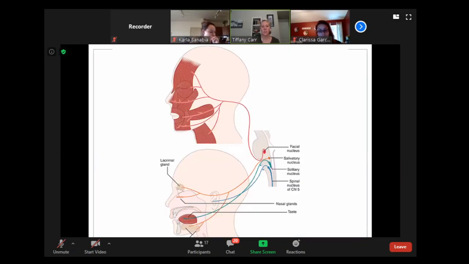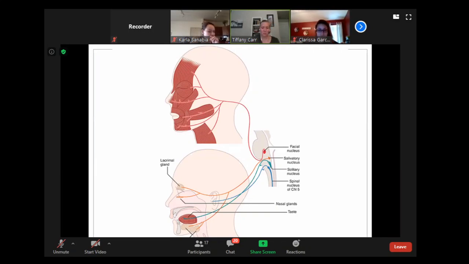So these are all the muscles that the motor is going to innervate. We got a whole bunch of those. We have the salivatory nuclei. It's going to go to the lacrimal gland and the 2 salivary glands. It's submandibular and... anybody remember the other one?